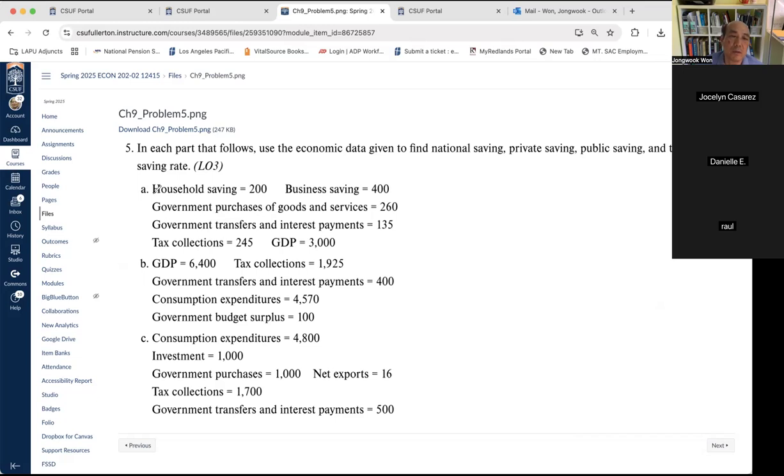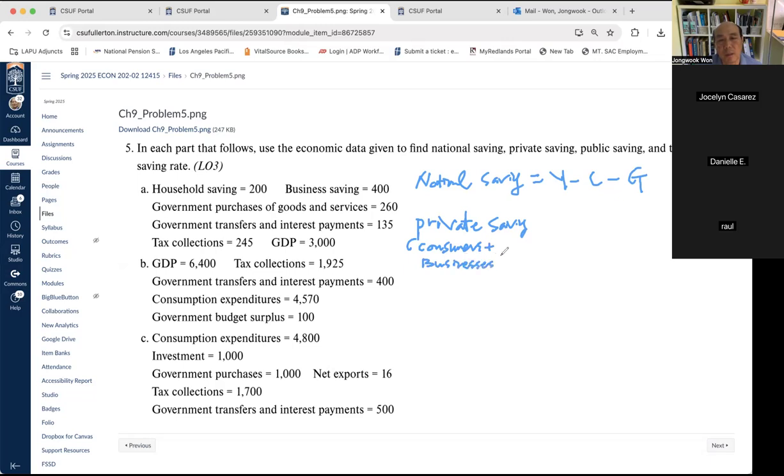Okay, so A, national saving, right? National saving is Y minus C minus G. Private saving is the private sector, consumers and households, plus business saving, we call it private saving.